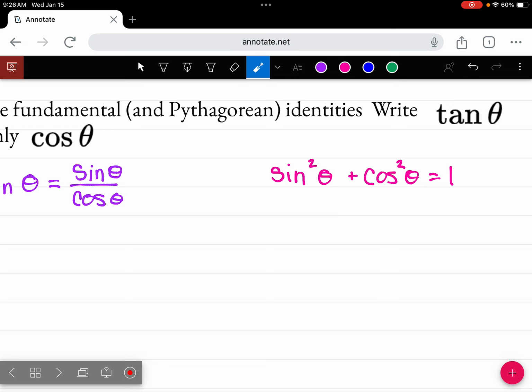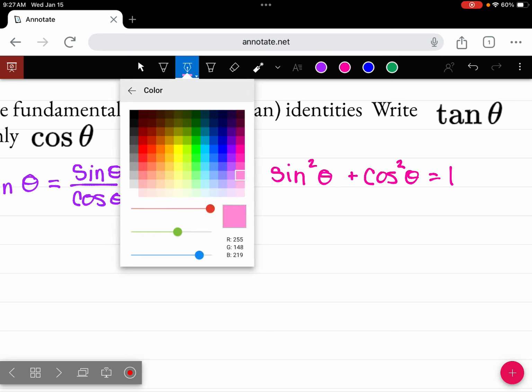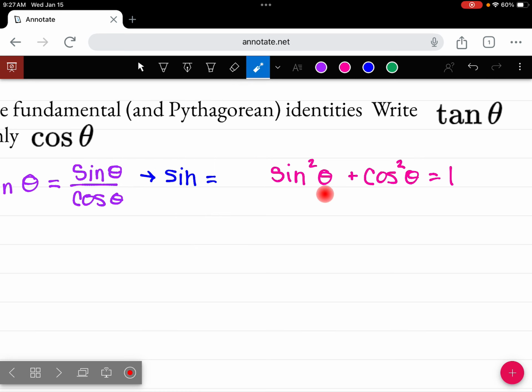So to be able to write tangent using only cosines, we're going to solve this to get sine equals. I need to know what sine is using only cosines. We're going to do the whole thing, not do it in our heads. So what can I do to this to get sine by itself?